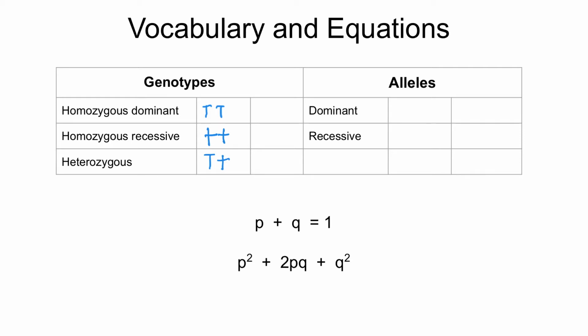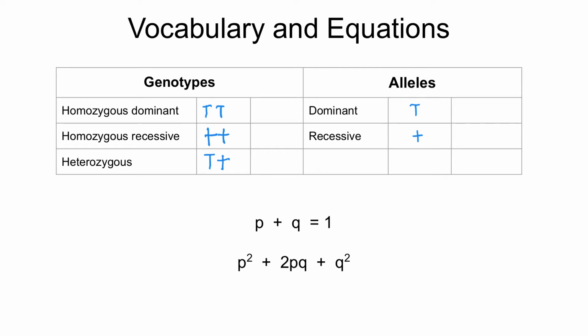So we know that our dominant alleles are capital letters, and the recessive alleles are always represented by the lowercase letters.